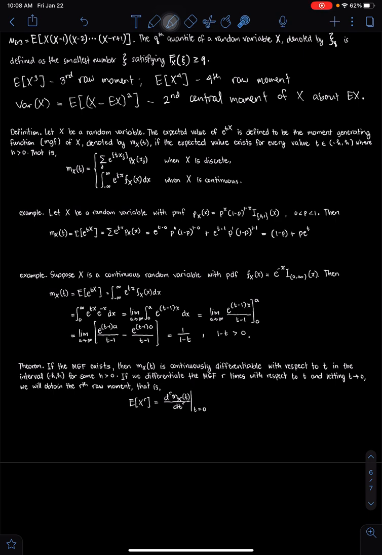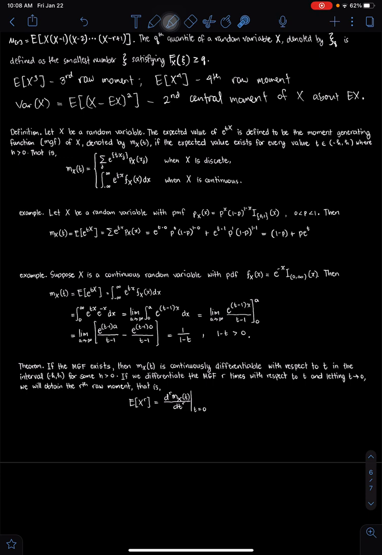The theorem says that if the moment generating function of a random variable exists, then M_X(t) is continuously differentiable with respect to the variable t in the interval negative h to positive h for some positive number h.